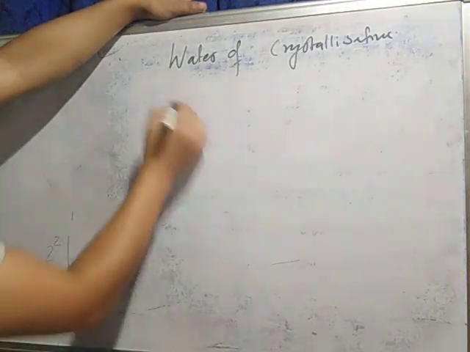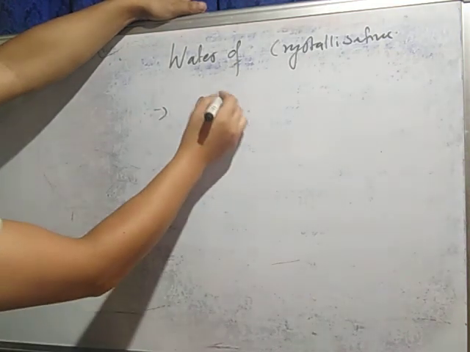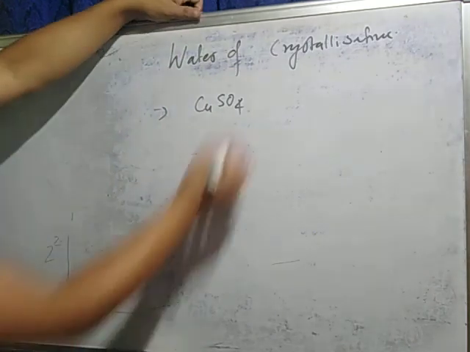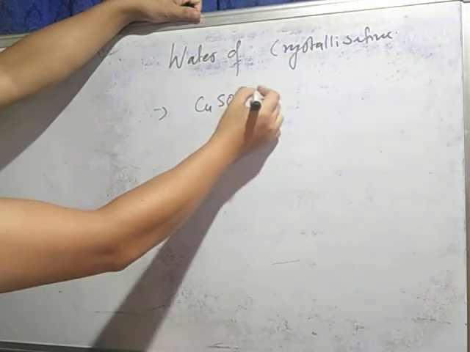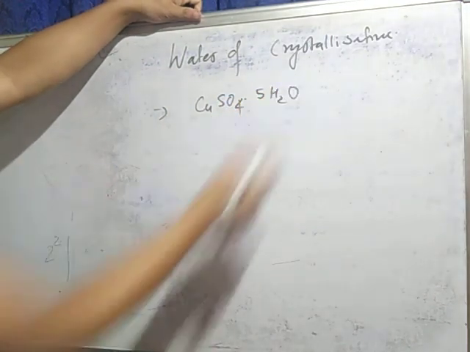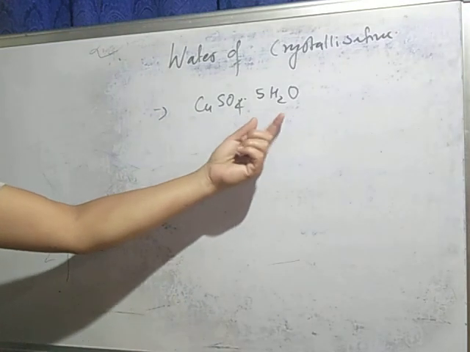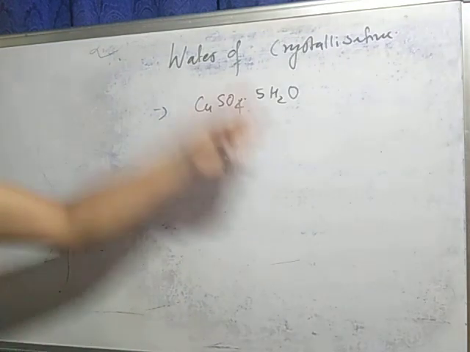So the first example is copper sulfate, our salt, isn't it? If it contains water in its molecule or in its crystal lattice, in class 11 you will study this, crystal lattice.